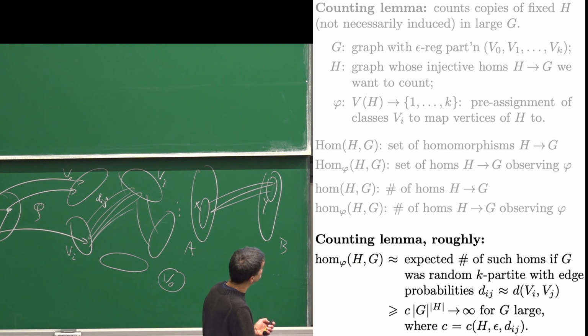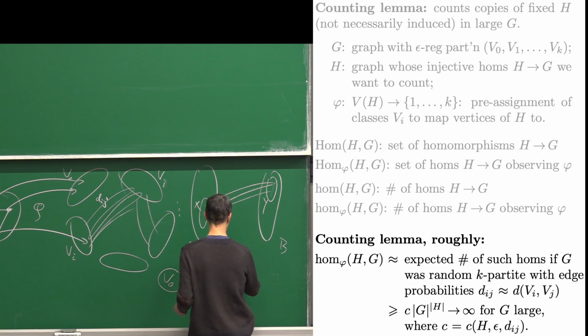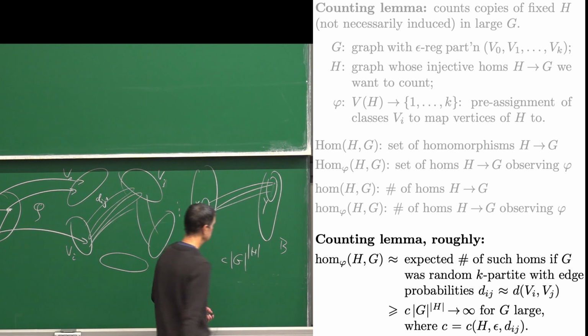Okay, and we'll find that this number is a constant times order h to the power of order g to the power of order h, which goes to infinity when g gets large. So a constant times g to the power of h.